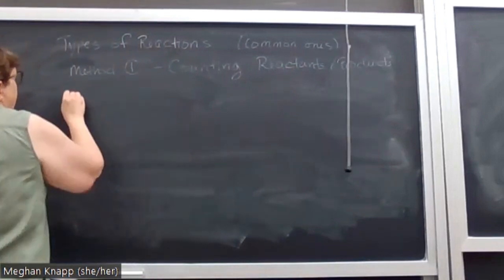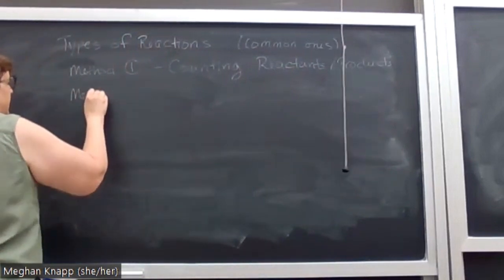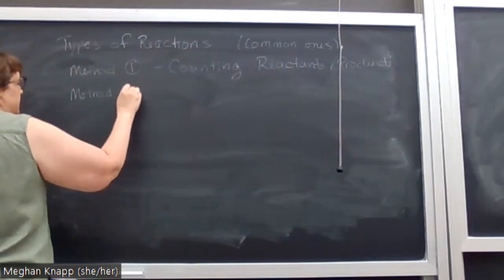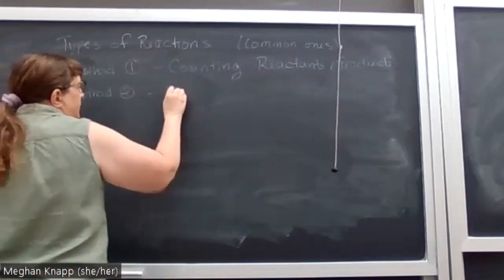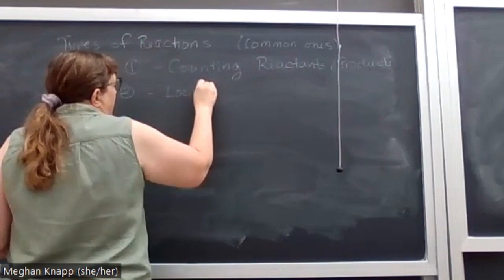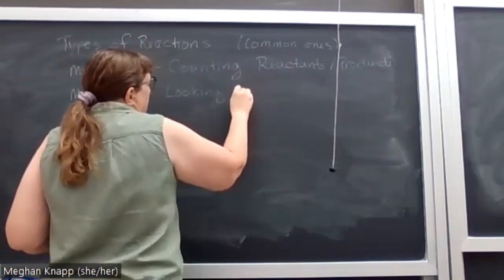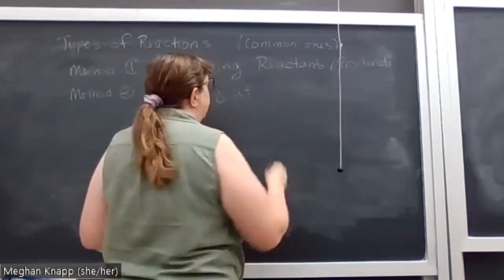And then method 2 is looking at what types of chemicals we have.